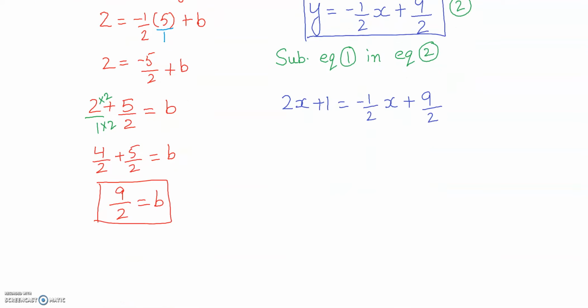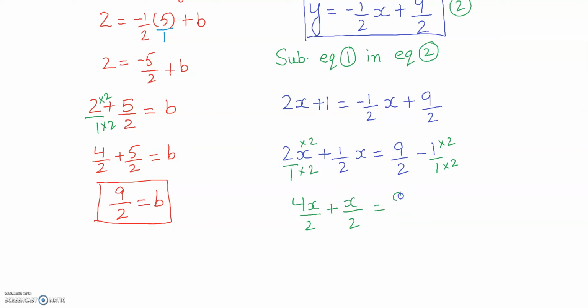Now I will solve for x. I will bring the terms with x to the left side of the equal sign, and the constant terms to the right side. I will take the LCM, times 2, times 2, same thing here, times 2, times 2. 2 times 2 is 4, and there is x. 1 times x is x, over 2, 9 over 2 minus 2 over 2.